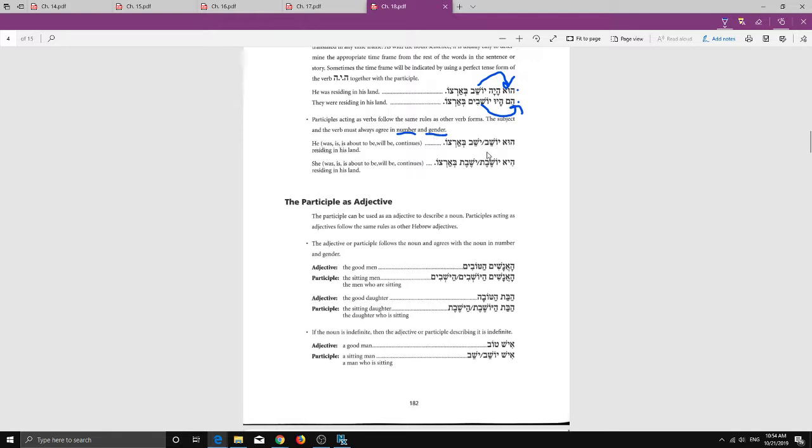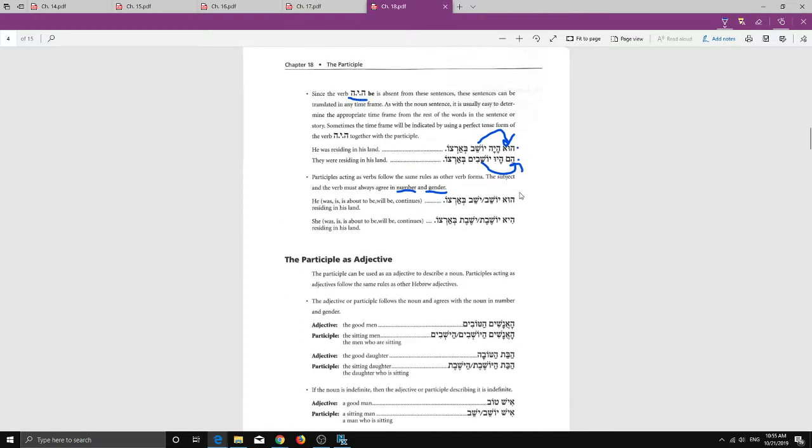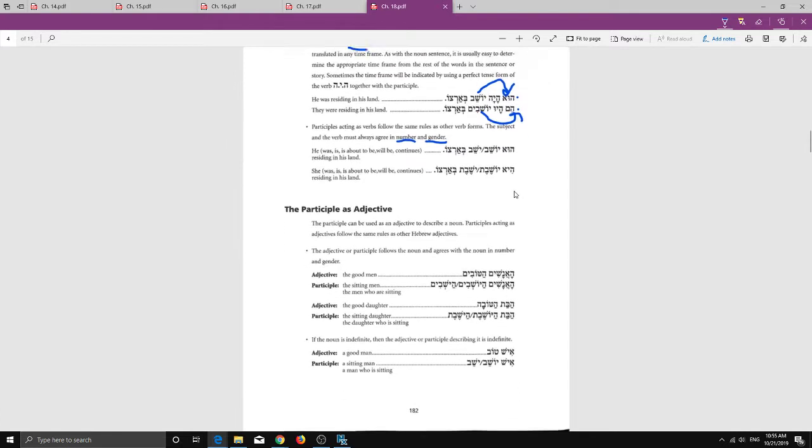So here, as an example of that, we have hu yoshev ba'aretzo. He is residing in his land. Hi yoshevet ba'aretzo. She is residing in his land. So that's a participle functioning as a verb.